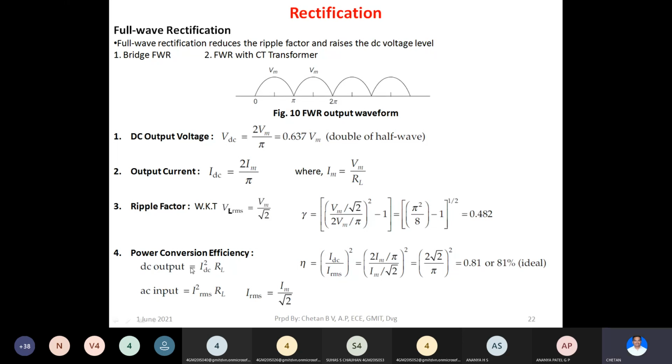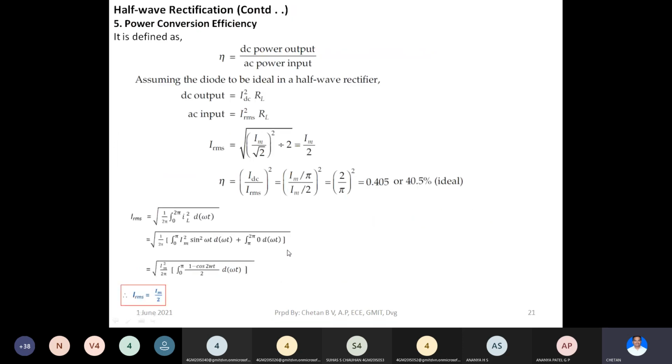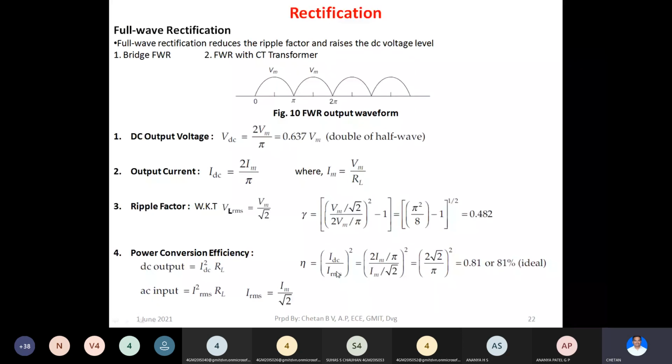Next is power conversion efficiency. What is meant by power conversion efficiency? It is the ratio of DC power output divided by AC power input. Find out DC output. DC output is DC current square into load. AC input power is IRMS square into RL.